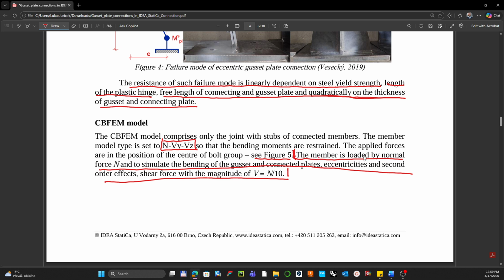So the member is loaded by the normal force to simulate the bending moment of the gusset plate and the connected plate. The eccentricities and the second order effects are substituted by the shear force that you need to additionally insert, which is equal to the normal force divided by 10.